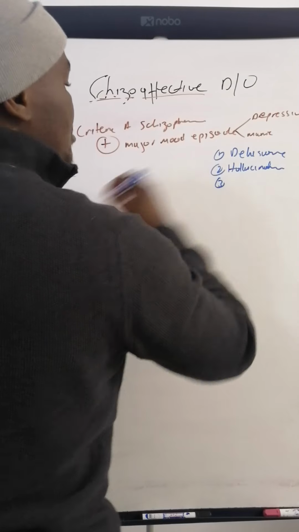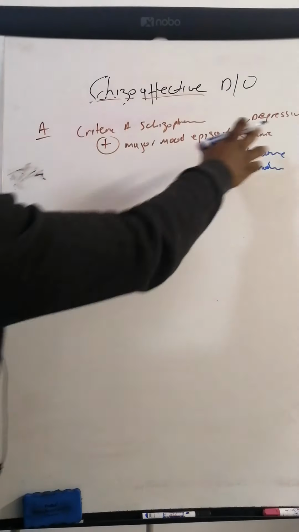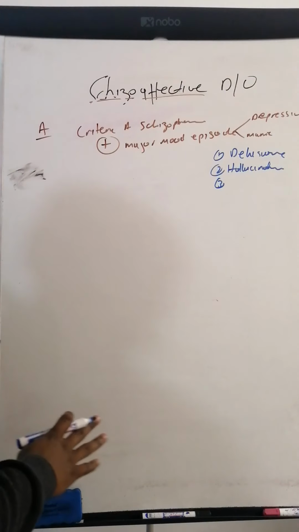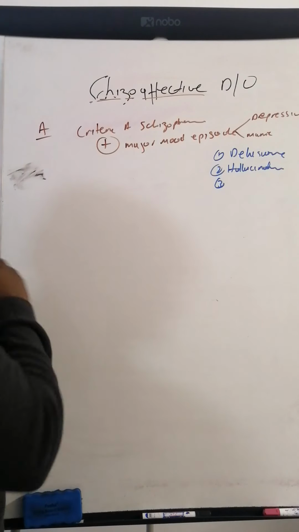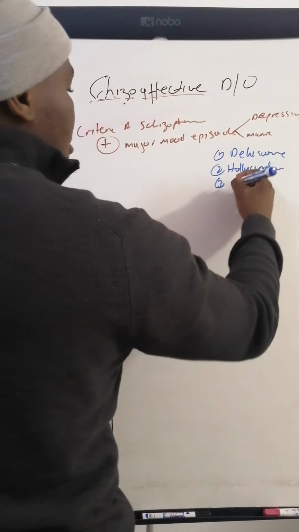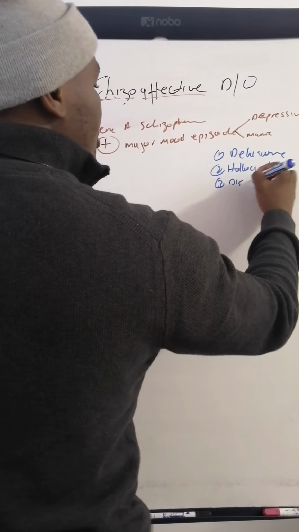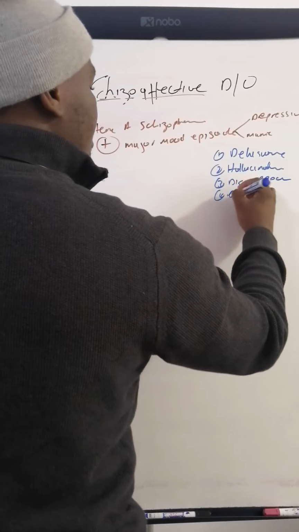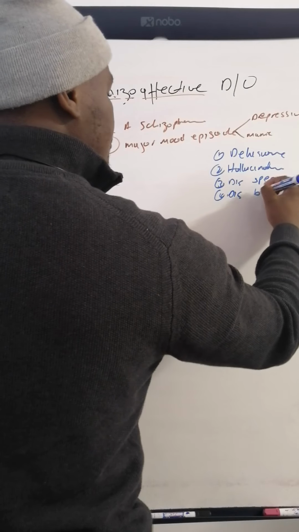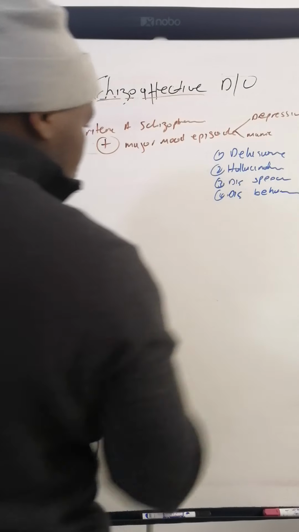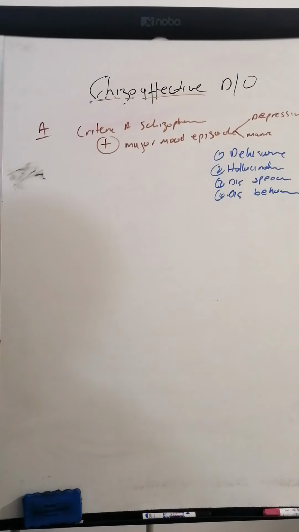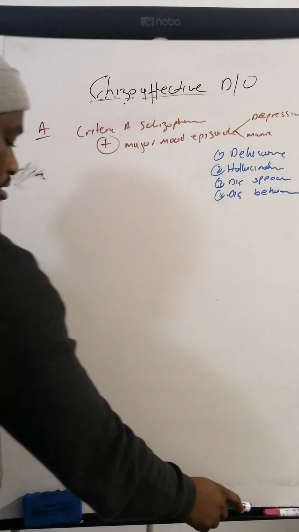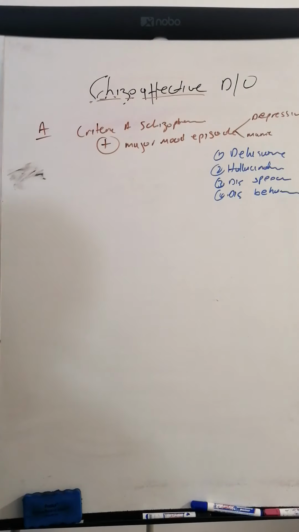That's why I said that if you know these symptoms, psychotic disorders become simple. And then disorganized speech, disorganized behavior. Okay, so those are the 4 symptom domains for psychotic disorders.